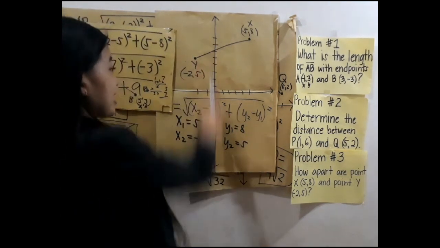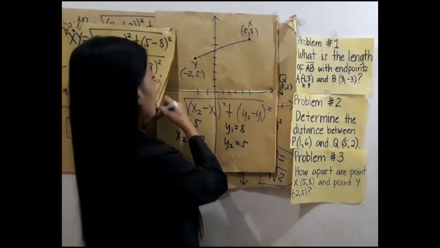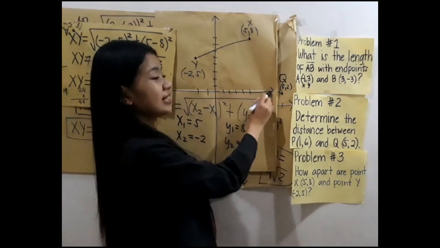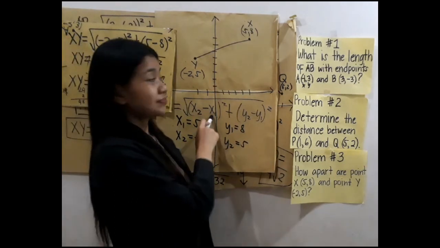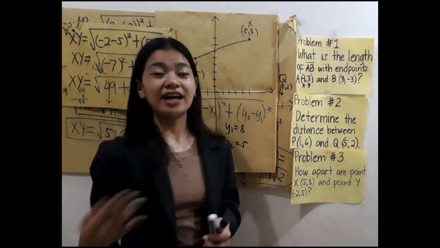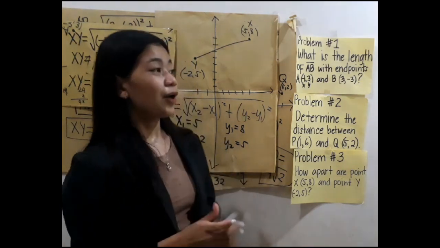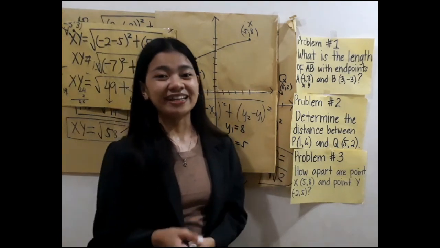And these two intersecting lines are called the axes. This line is called the x-axis, while this one is called the y-axis. And to have a visual understanding of points, we have to plot them on our Cartesian coordinate plane.